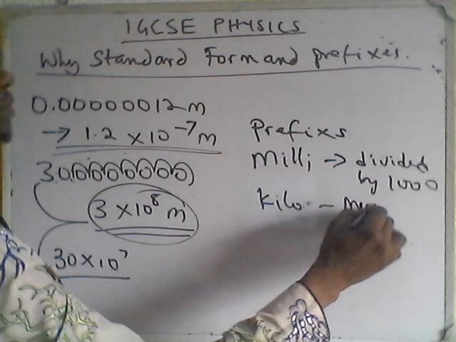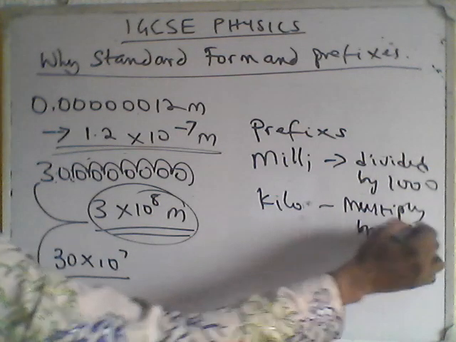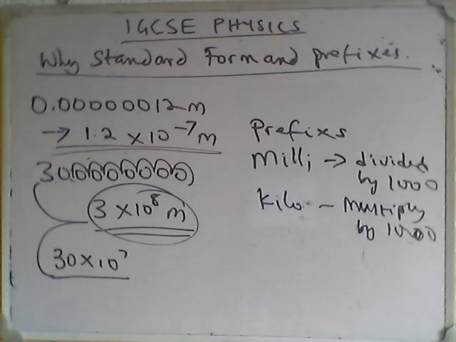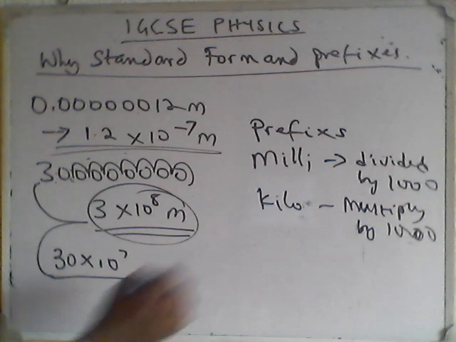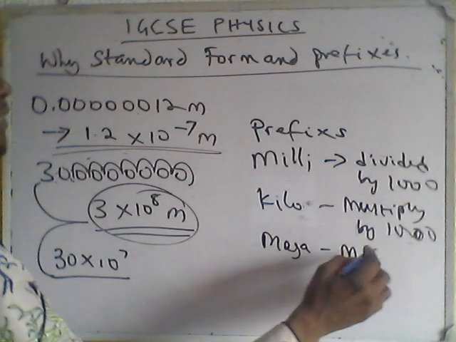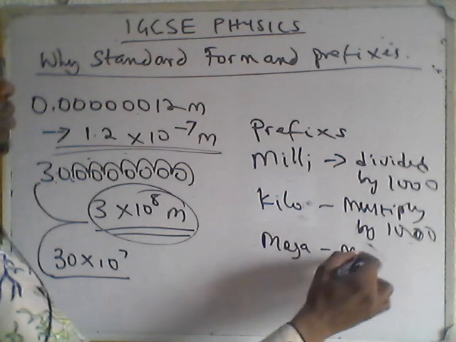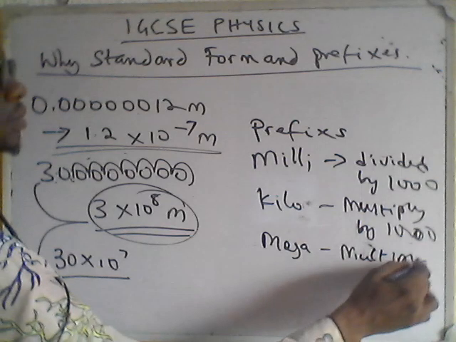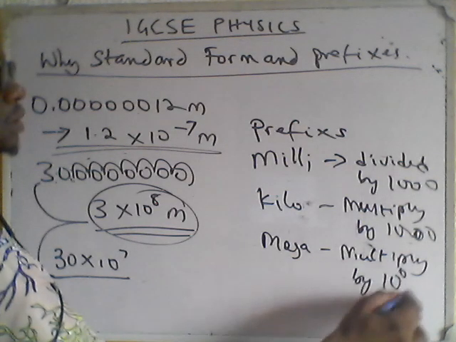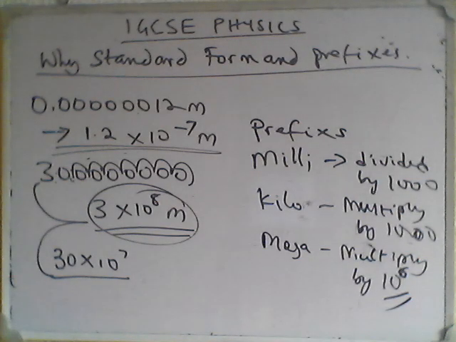If I put mega before a quantity, it means multiply by 1 million, 10 to the power 6. 1 million. Okay.